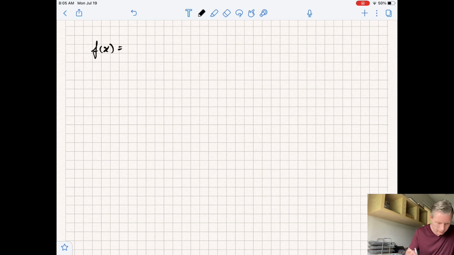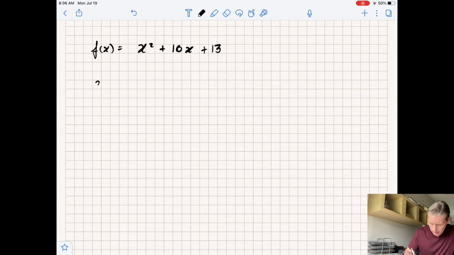F of x is x squared plus 10x plus 13. Notice again that's going to open upwards. So write it in that completed square form, and then identify h and k, that vertex.